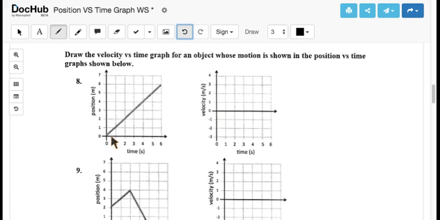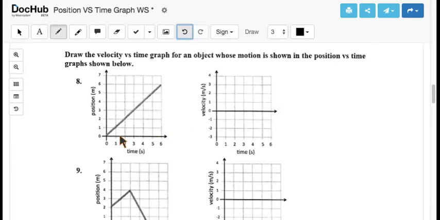So if we look here at this graph, it's telling us that if we wanted to figure out the speed, that would be distance divided by time. Well, look here. The distance traveled here is 1 meter. How long did it take to go 1 meter? It took 1 second. It took 2 meters, we traveled 2 seconds. 3 meters, 3 seconds.